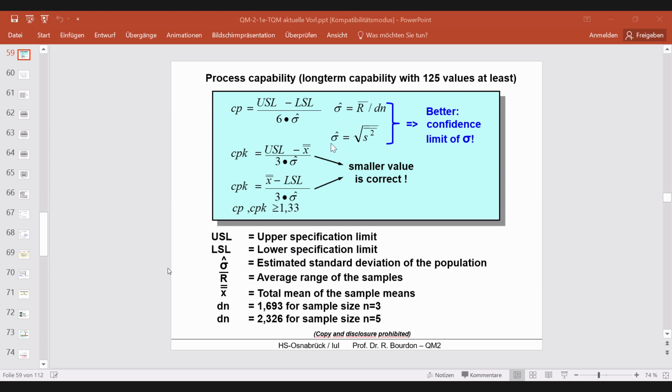We will need this in the homework. So you can put the worst case in this equation, and then it is a very good estimation of the CPK value.